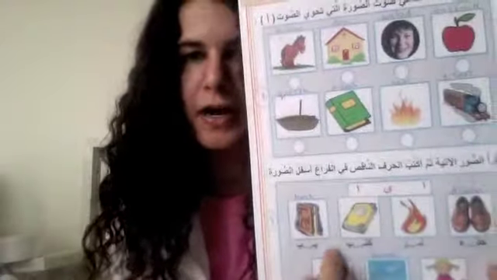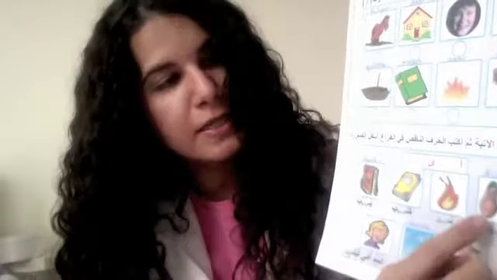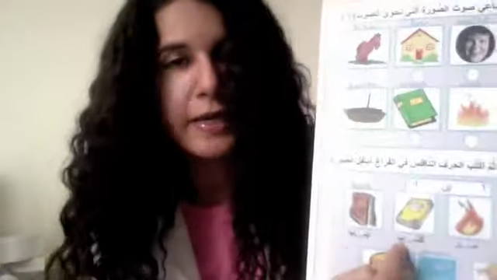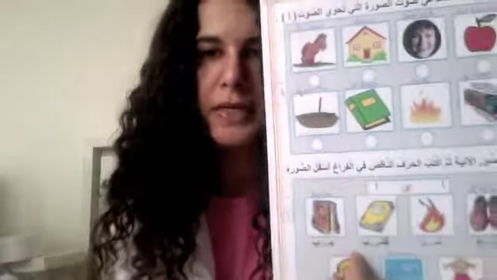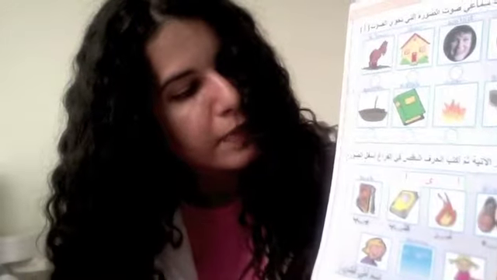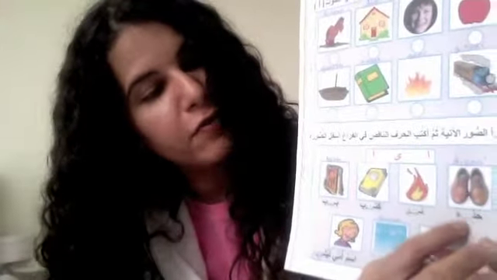And then kitab. Kitab is a book also. Has an alif on the dot. It's not attached to any of the letters in front of it or after it.